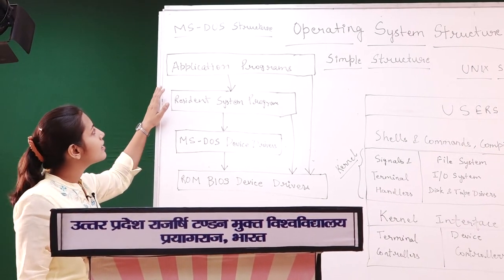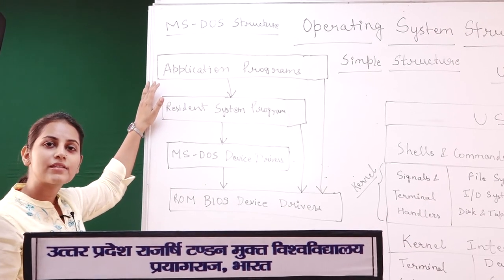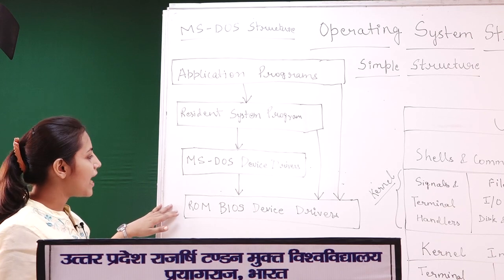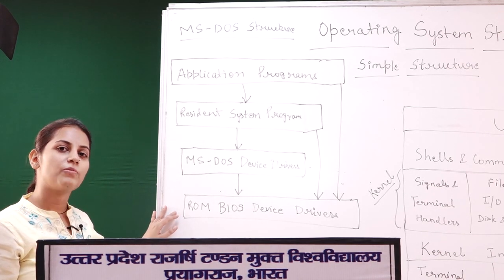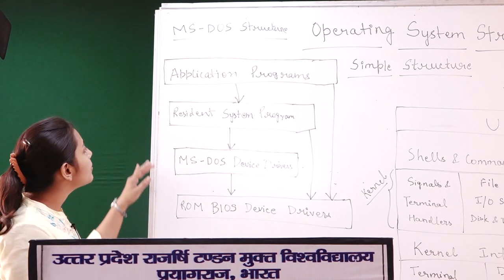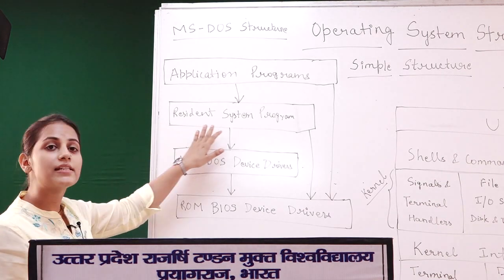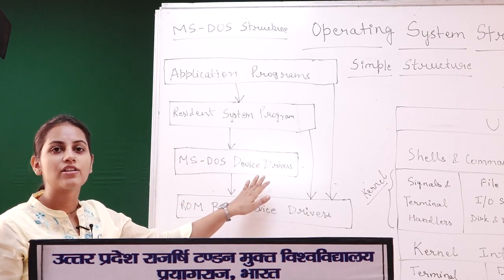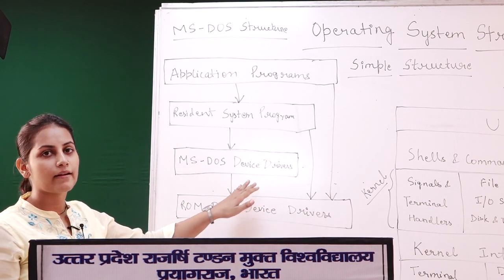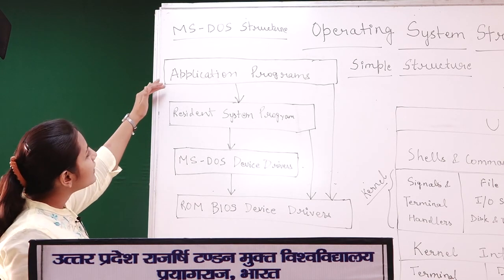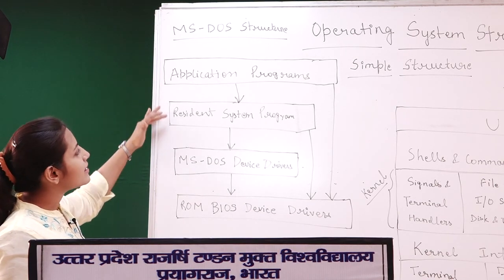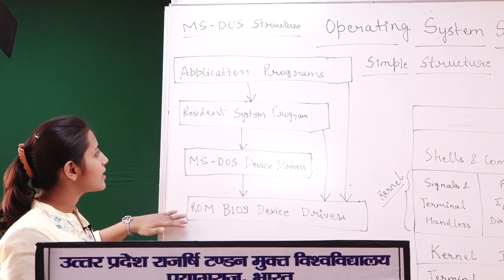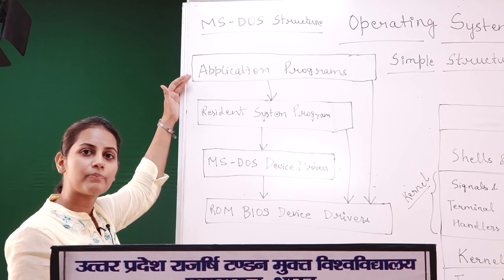As we can see, we have application programs at the top of this structure, and at the bottom level we have the hardware associated with the operating system. In the middle, we can see that there are resident system programs which can access the MS-DOS device drivers. The application programs can access these resident system programs, which act as an interface between the system hardware and the application program.